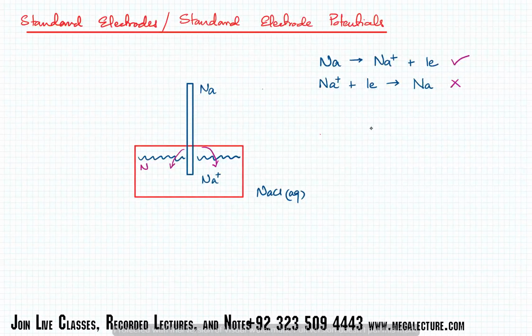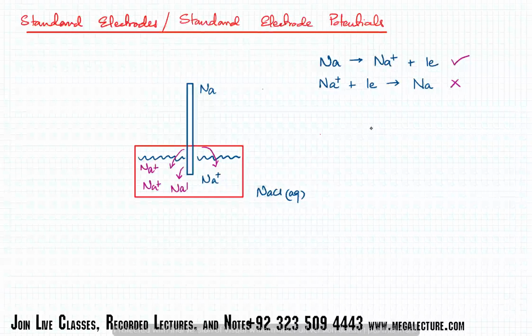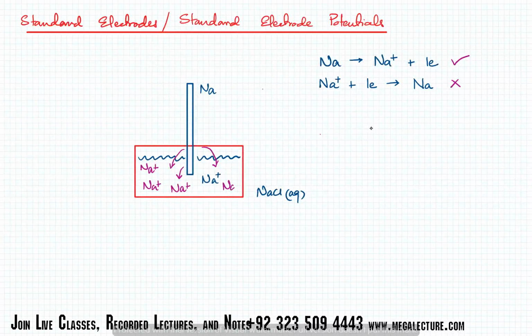So the number of sodium ions in the solution and their concentration would start to increase. All the sodium atoms in the metallic rod would start losing electrons, but those electrons have nowhere to go because there's no reaction happening.